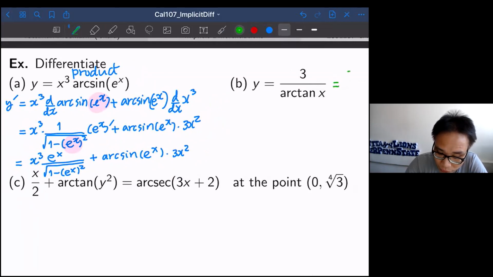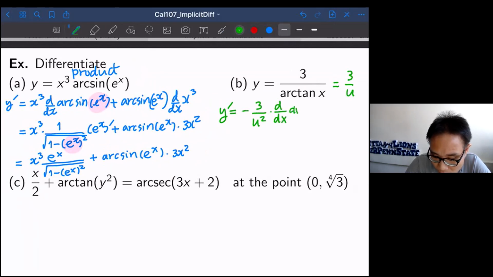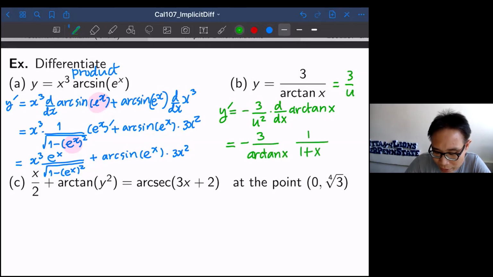When you differentiate this reciprocal, y prime equals, as I told you before, you just memorize this one: negative 3 over u squared times du dx. Okay, and then it's going to be just negative 3 over arctan x squared, and the derivative of arctan is going to be 1 over 1 plus x squared.